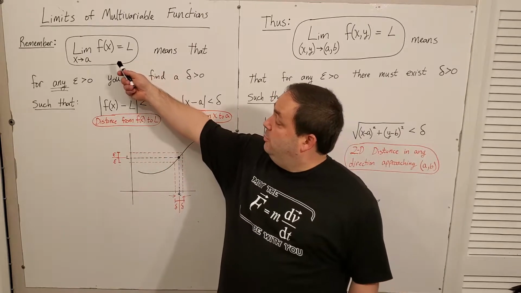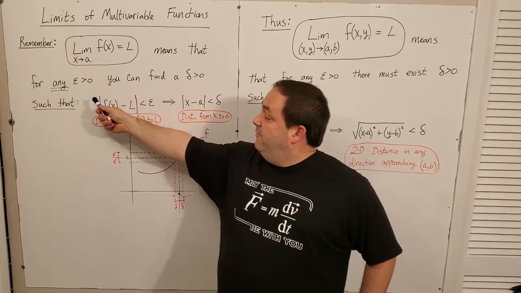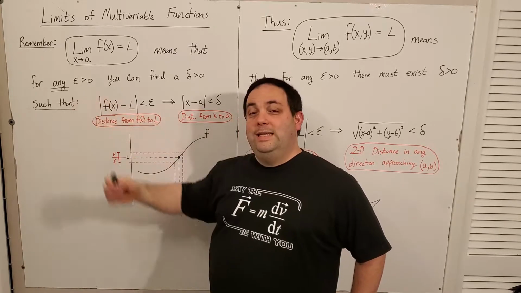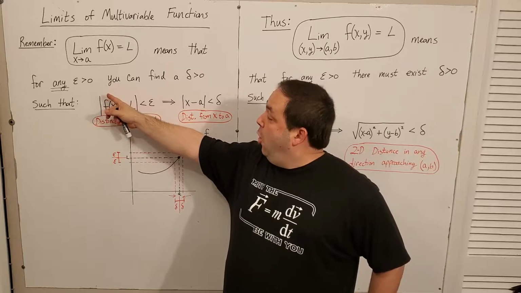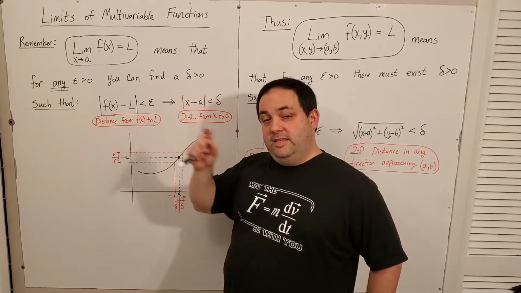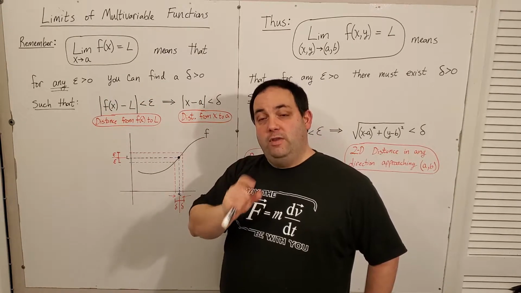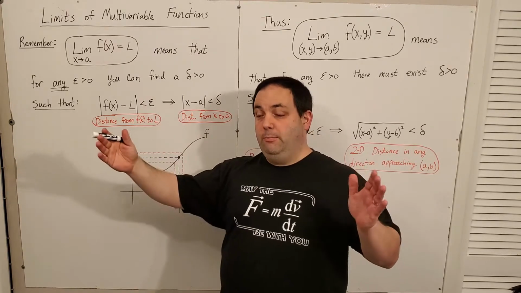So what this language means is that if I pick any epsilon gap around the output, then I can always find some delta size gap around the input. So that's the limiting process, right?